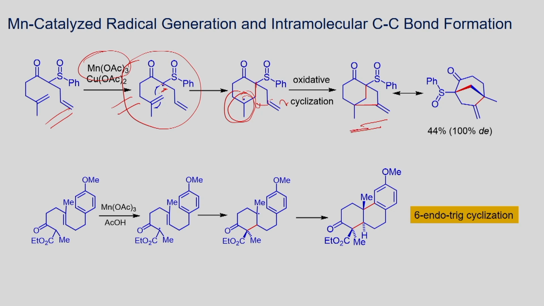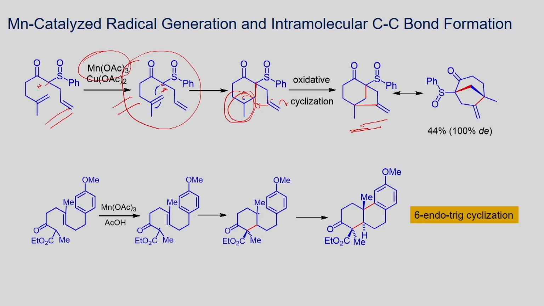And what you do here, you form 2 carbon-carbon bonds. It involves a tandem radical cyclization. First, you have this hydrogen. This bond undergoes cleavage in the presence of manganese acetate. It can form the enol form. It can lead to the formation of the radical.